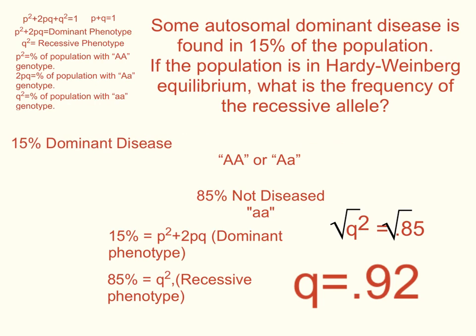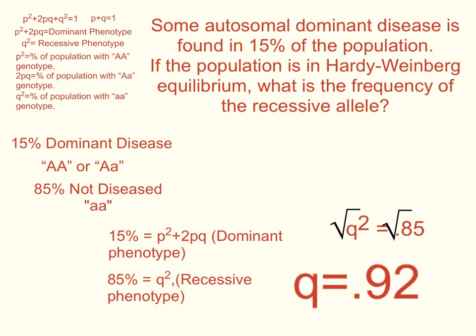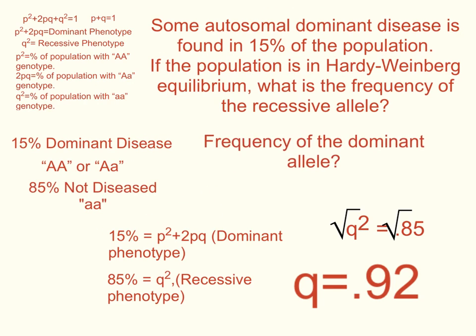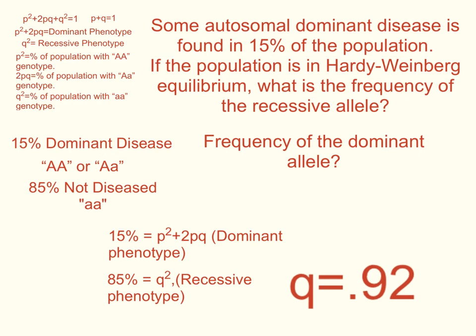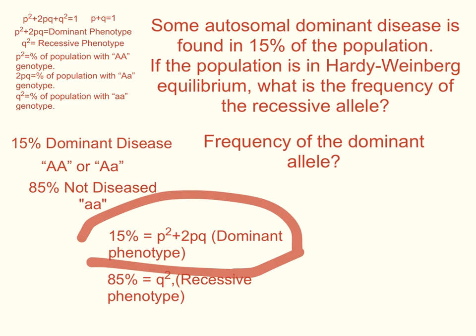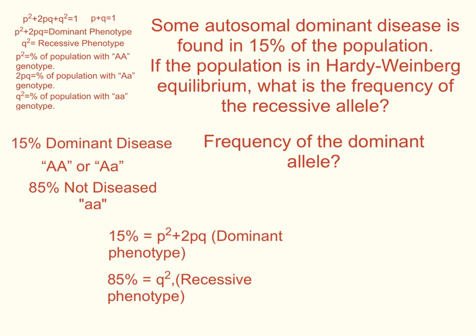What if the problem then asked for the frequency of the dominant allele? At this point, lots of people will make the mistake of trying to do the same thing we just did and trying to solve this equation here for P. If you do that, you're in for a whole lot of work and you won't get the answer. There's a much easier way.